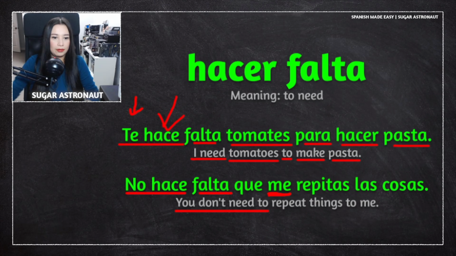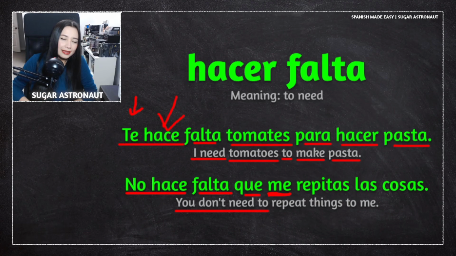for something, okay? So in this situation, que, we don't have que or something similar to que in English here. We just have the verb repeat, right? So when you say no hace falta que, that means that you're going to add more to the sentence.